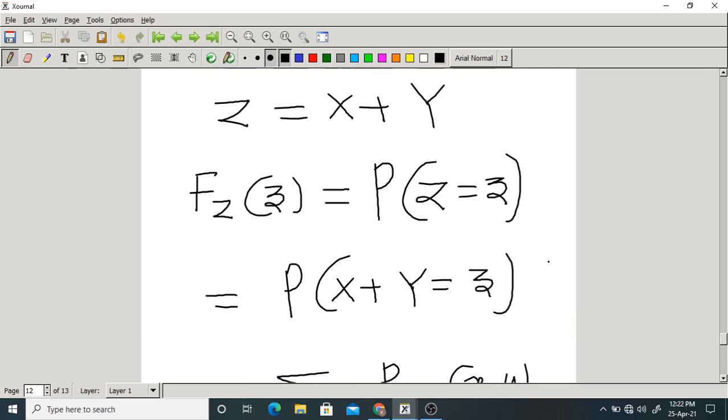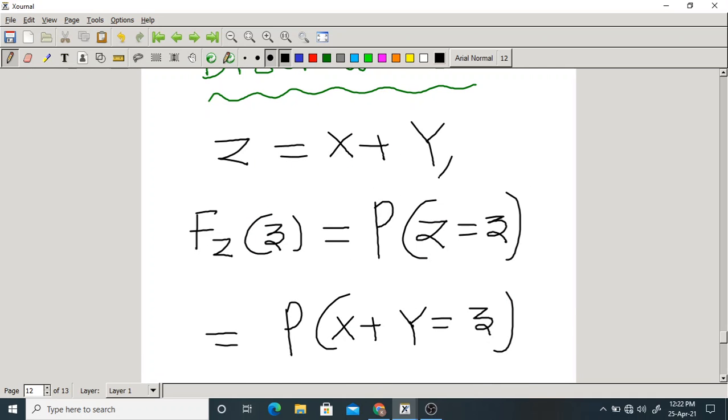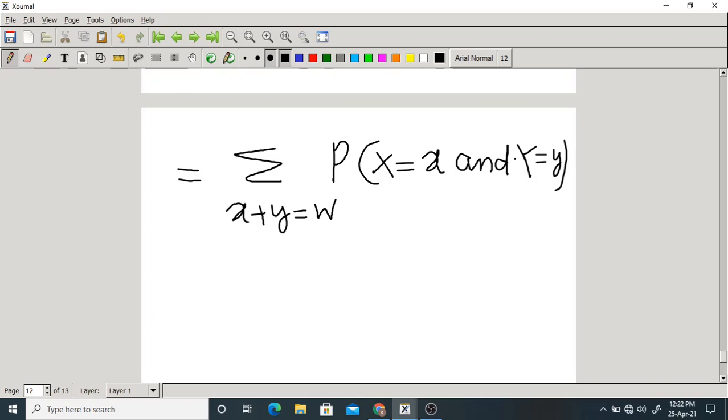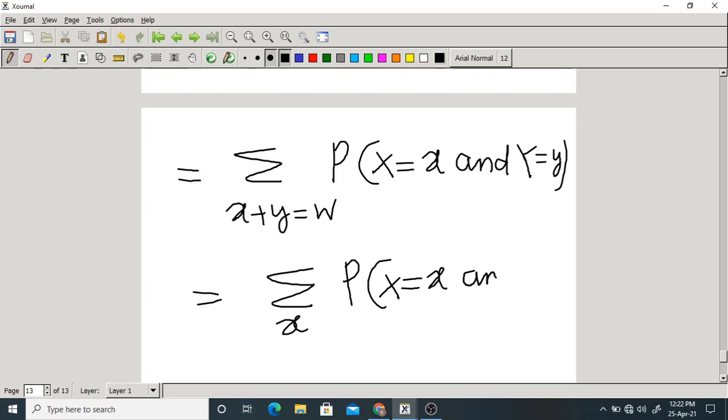But what is y? If you write the small values, z equal to x plus y. From this, what is y? Z minus x. Now I can write this, taking only with respect to x, as summation over x of probability that X equals x and Y equals z minus x.